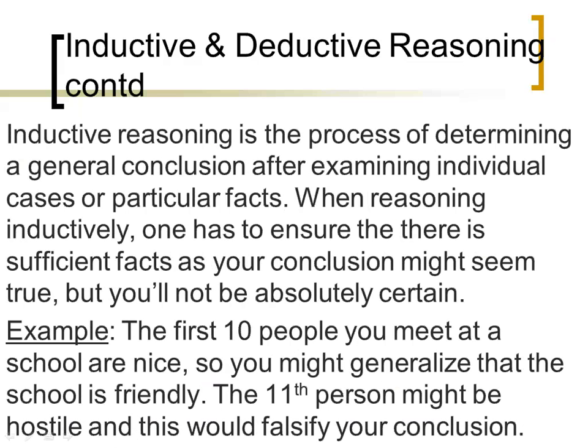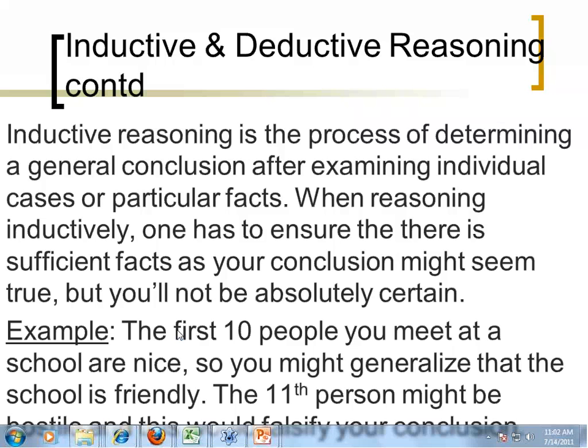So you might tend to generalize that, hi, CIT is so friendly. However, the 11th person you come across might be hostile. And this one person would falsify your conclusion that you had made before. All right? So once you're reasoning inductively, you must ensure that you have enough facts to support your conclusion.